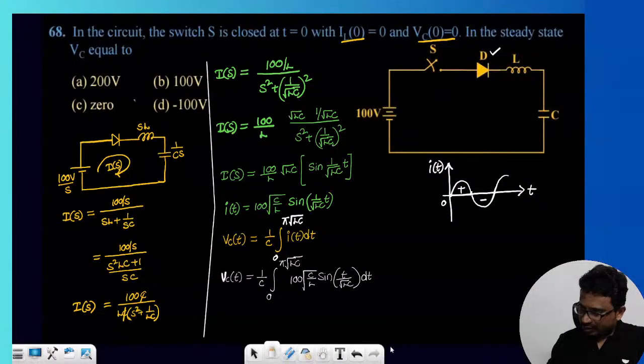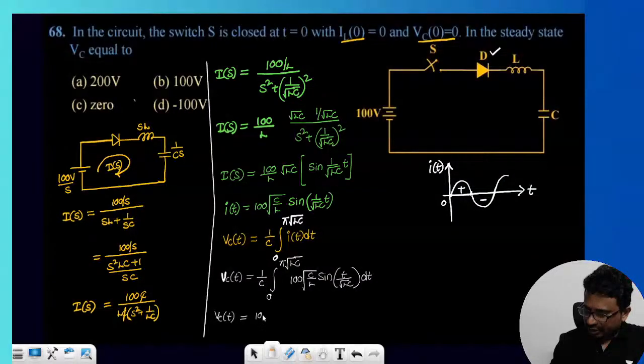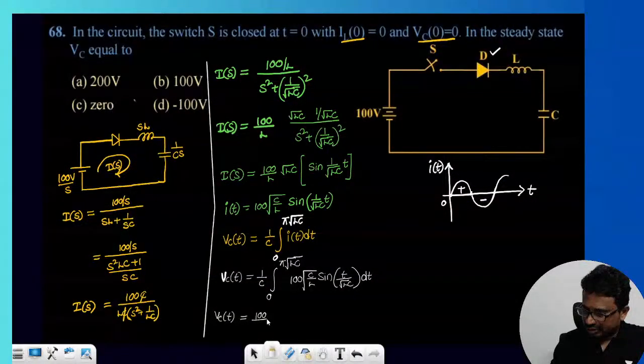If we integrate this, what will I get for Vc of t? The constant we can take outside, so this is 100 by root LC.